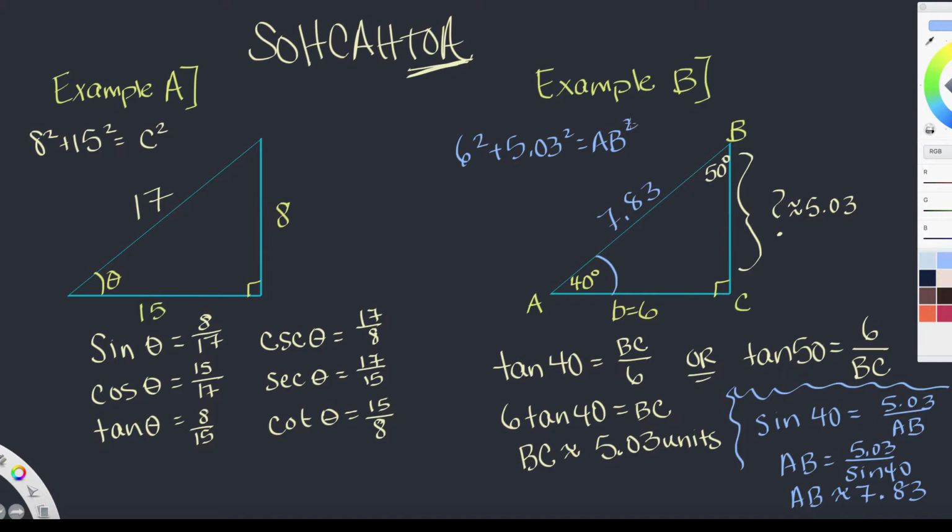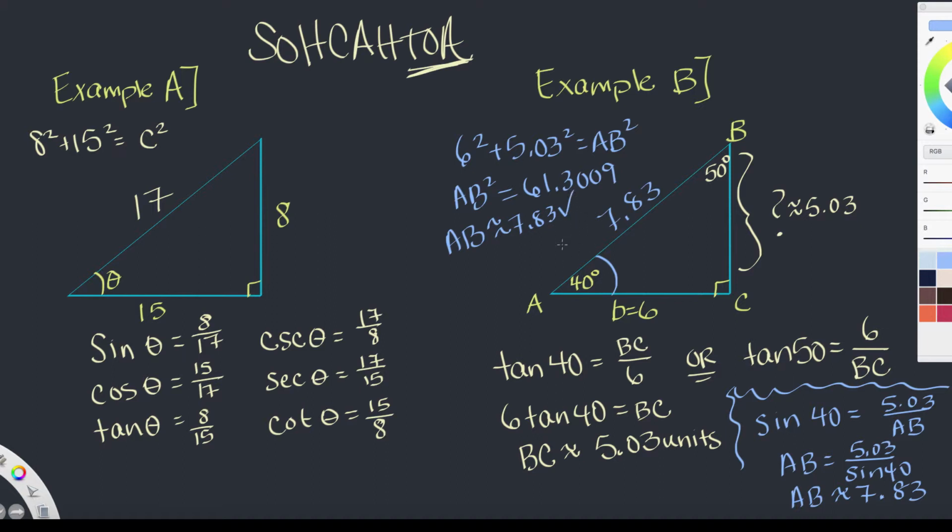So we can make sure that we get the same answer, or approximately the same answer. I'm getting that AB squared is about 61.3009, and the square root of that is indeed about 7.83.